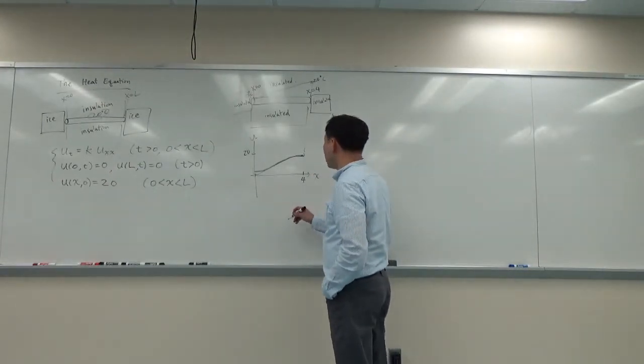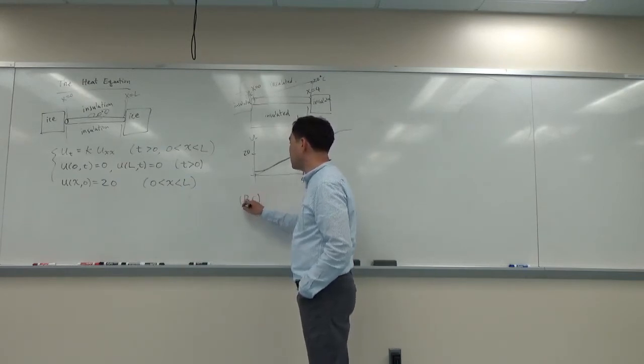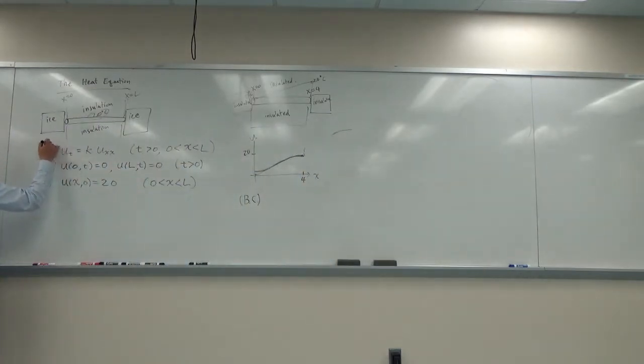So for insulated boundary conditions, what happens is... Oh, by the way, this has names. This one is called the heat equation. This one's called the boundary conditions. And this one is called the initial condition.